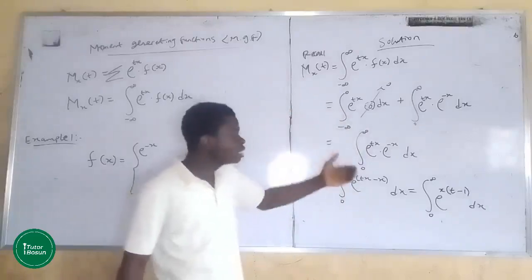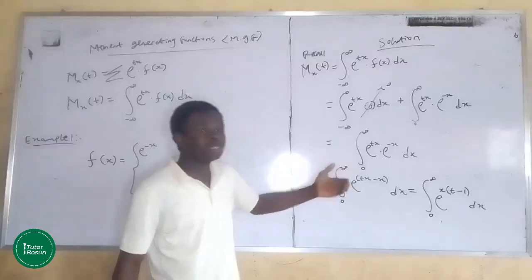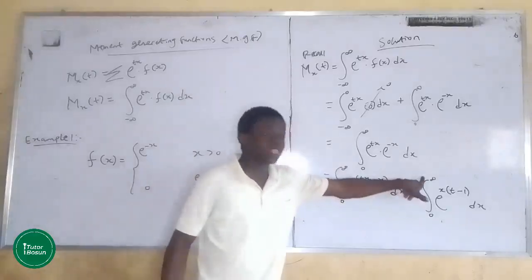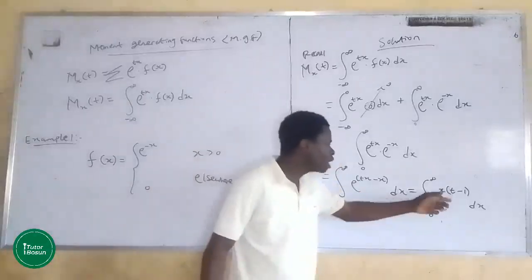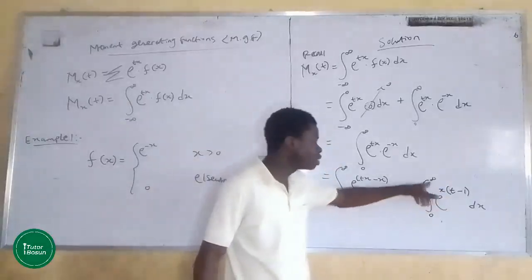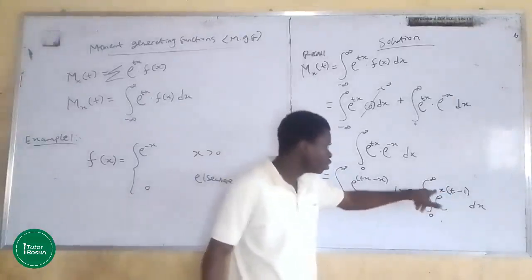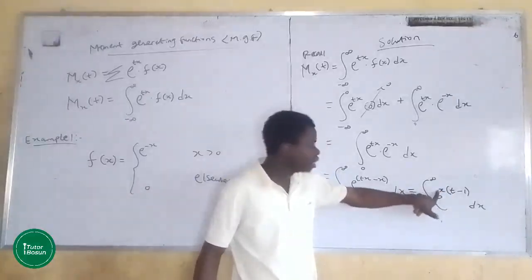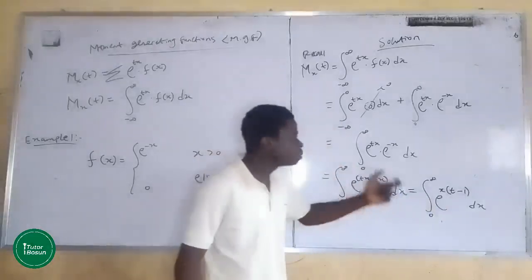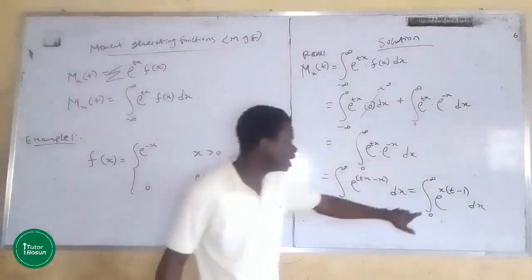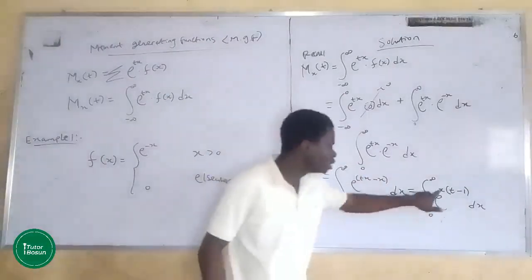In this situation, will you be having exponential minus infinity when introducing the boundary condition? No, because when you put your infinity here, everything becomes exponential infinity. So for us to have exponential minus infinity, we need to introduce a negative into this expression.